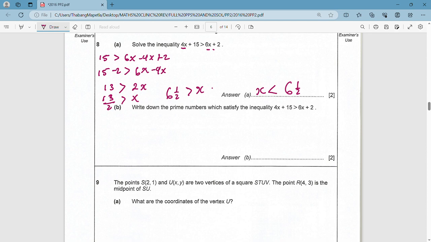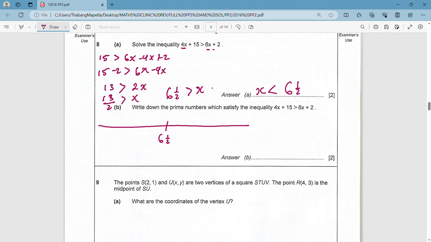And then part B says write down the prime numbers which satisfy the inequality. They just mean your solution. So what I usually do most of the time, I'll just draw my real number line with my solution, 6.5. Okay, so what does our solution say here?